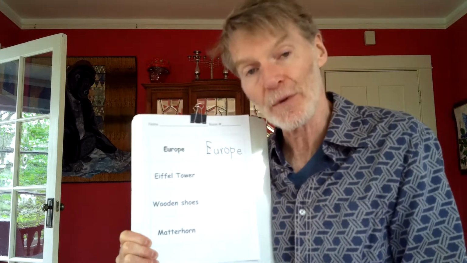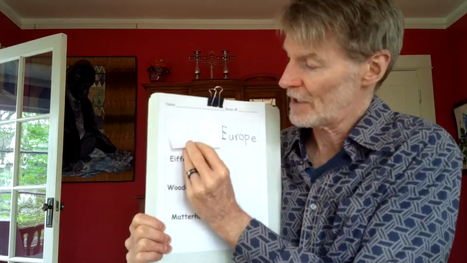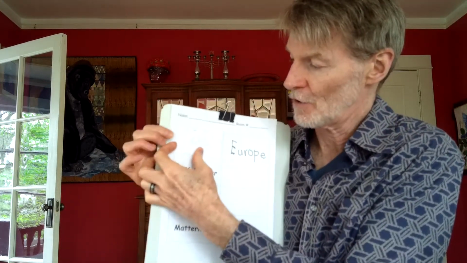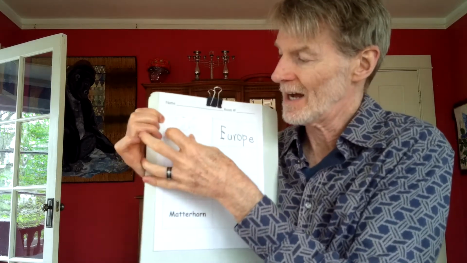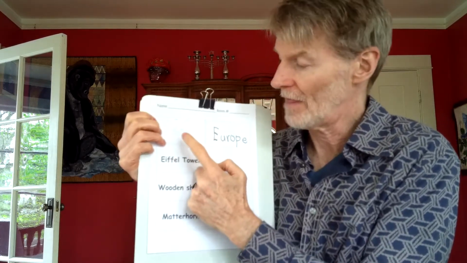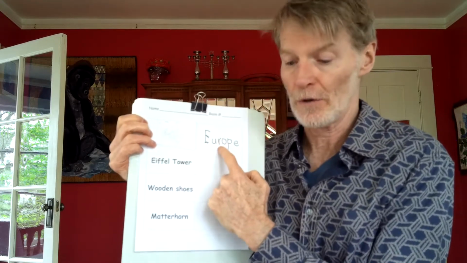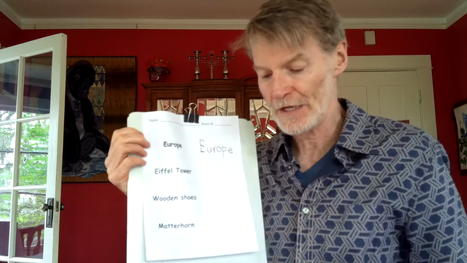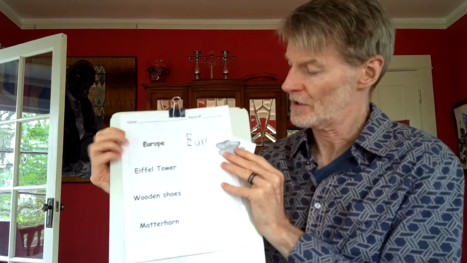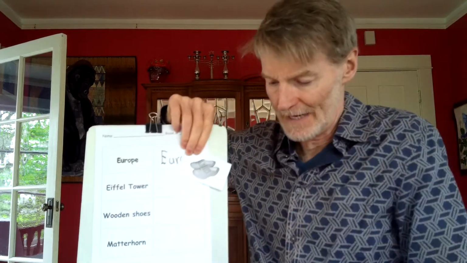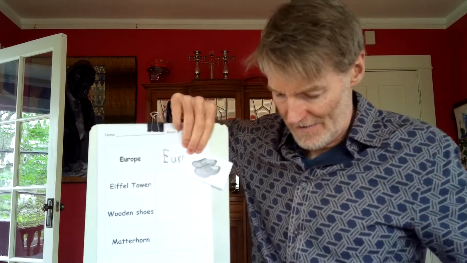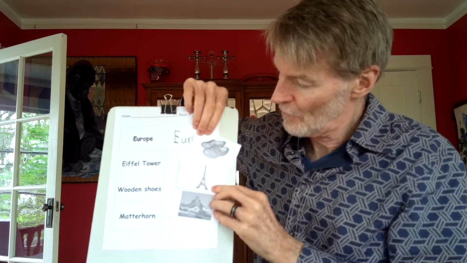And so I'll help you with the first one. This picture is the picture of Europe. So you would cut it and paste it, and then you have the map of Europe with your word for Europe. And then with each of the other pictures, I'll just hold them up here as best I can with my hands holding so many things.